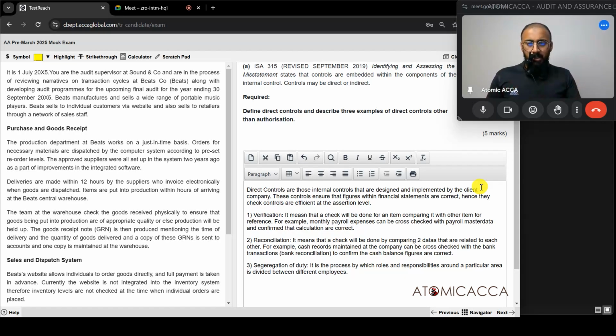For example, let's talk about an inventory example.